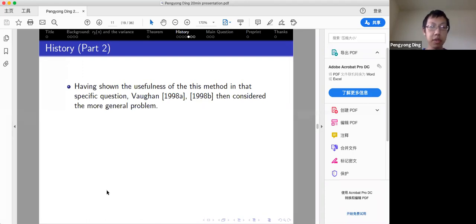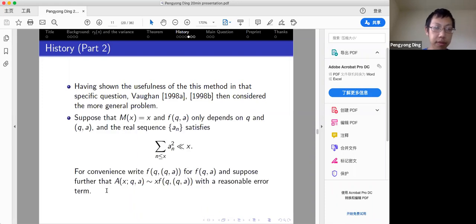Having shown the usefulness of this method in that specific question, in 1998, Robert and Wang considered a more general problem. They supposed that M of S equals x, and f of q and a only depends on q and the greatest common divisor of q and a. The real sequence satisfies the condition that the second moment sum is less than x.